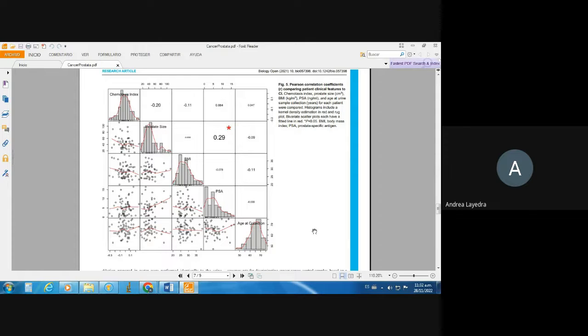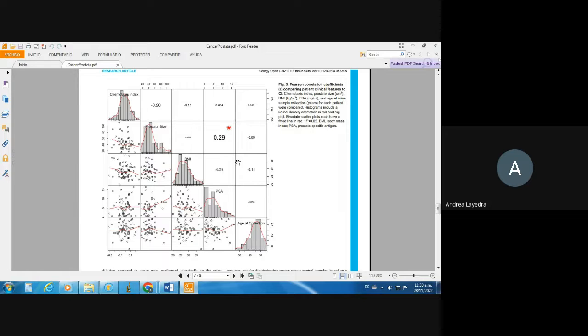True positives were considered to be individuals with a confirmed case of cancer following a biopsy, while true negatives were considered to be individuals who either had a negative biopsy or were deemed cancer-free. They use a model using chemotactic index to classify patients with cancer and patients who are cancer-free.